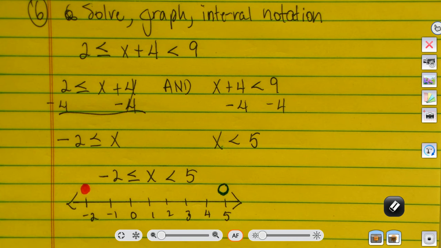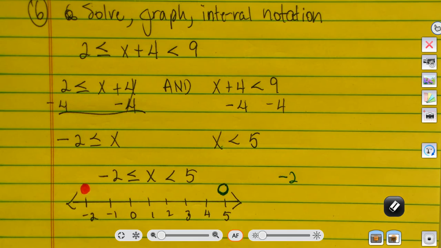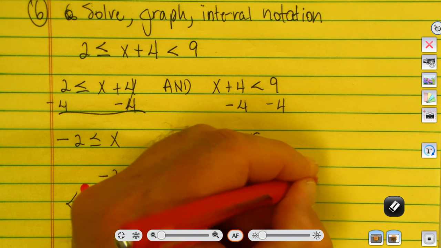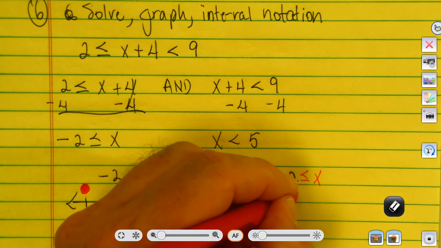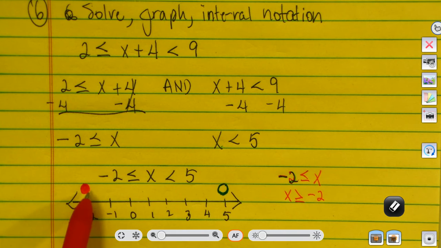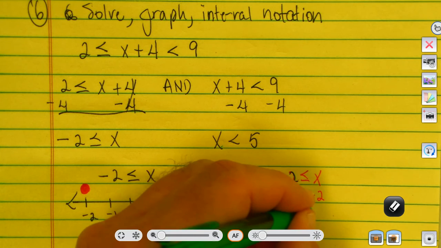I want you to think about what this means. If I flipped this half around, this negative 2 is less than or equal to x, I have to reverse my sign as well. I would say, okay, x is everything greater than or equal to negative 2, and x is less than 5.